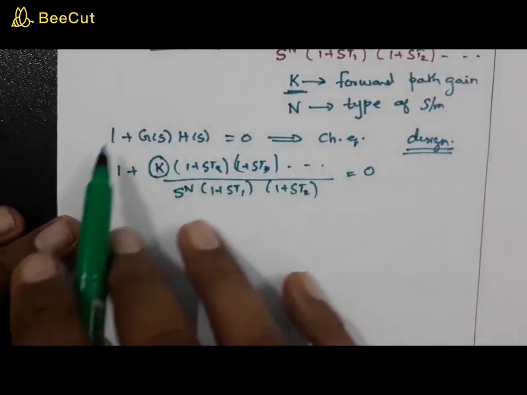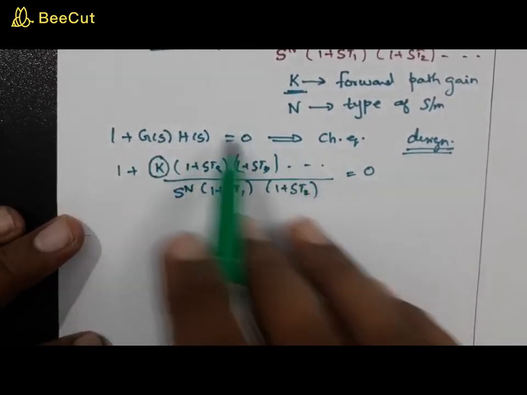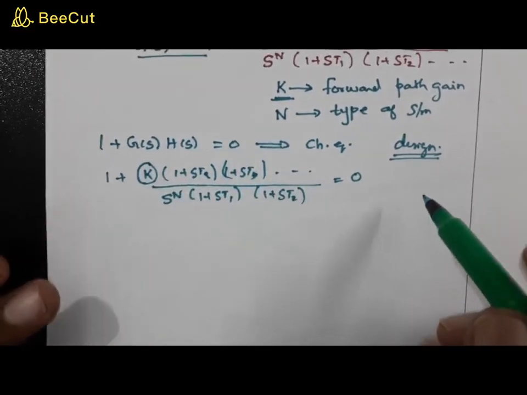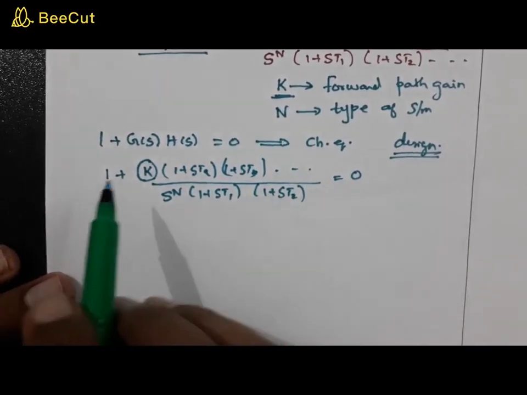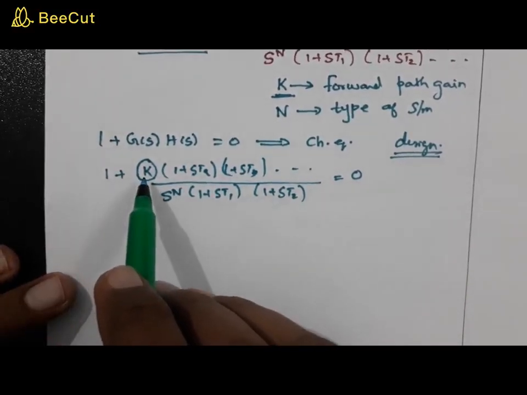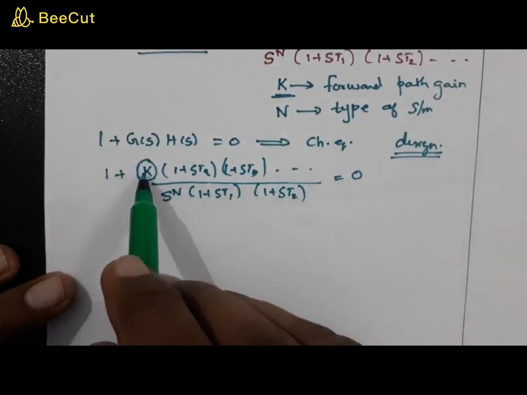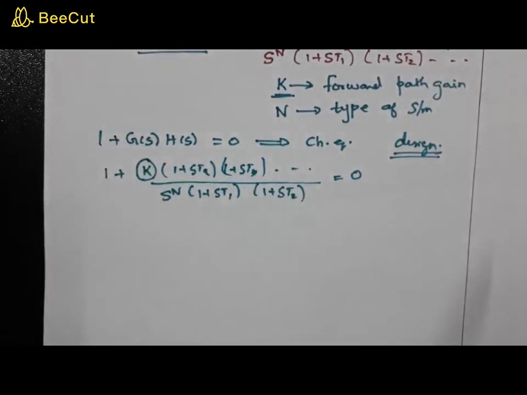Now this is the characteristic equation. Upon solving this characteristic equation you will be able to find out the roots, right? But we can see that if k varies, because this is the characteristic equation, the location of the roots can also vary, right?